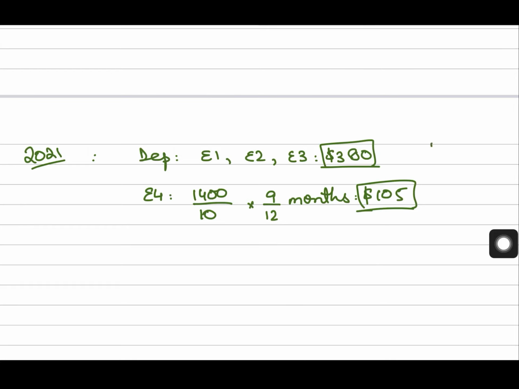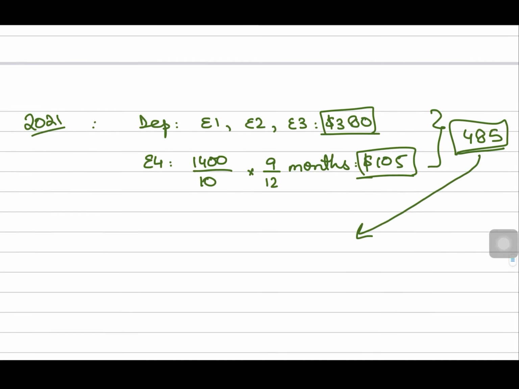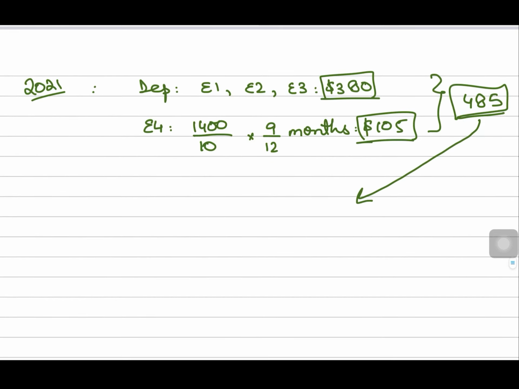So what will be the total depreciation charge in this year? 380 plus 105 would be 485. Where will you take this figure in the provision for depreciation account, on the debit or credit side? On the credit side. And what will be the double entry to record depreciation in 2021? Income statement debit 485 and provision for depreciation credit 485.